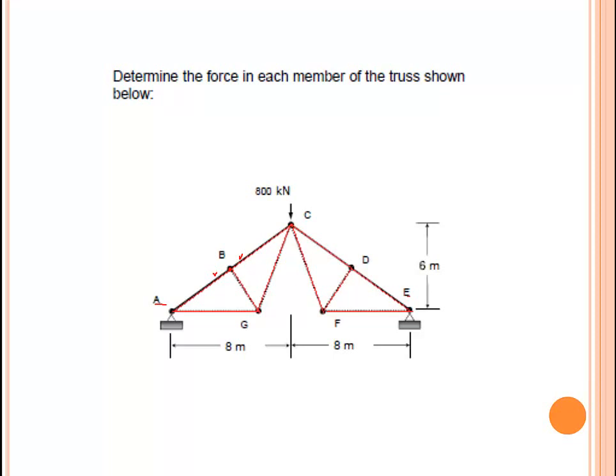So this member should be a zero force member, and similar is the case with joint D. This should be a zero force member because CD and DE are collinear at joint D and there is no external load at joint D.